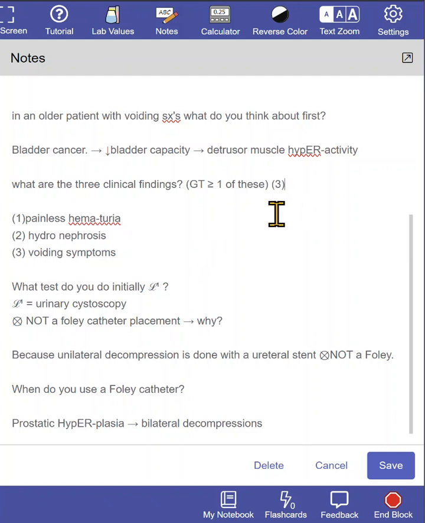So if you have one or more of these, then you can potentially diagnose.